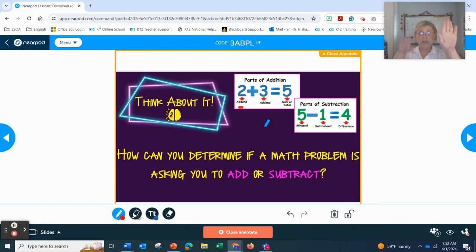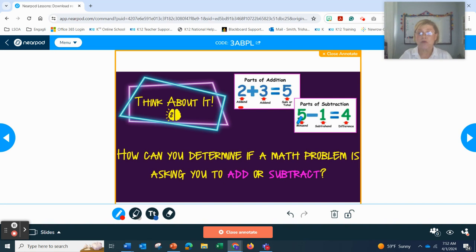When we put two numbers together, when we are adding them together, those two numbers are no longer called numbers, they're called addends. And the answer that we get is called a sum or a total.